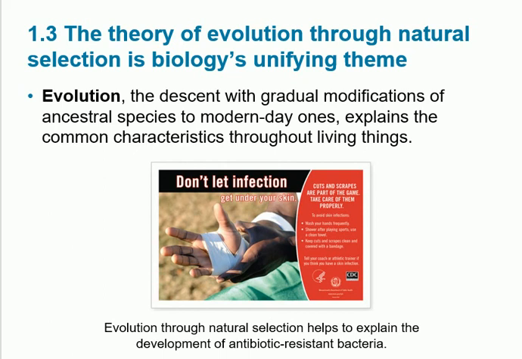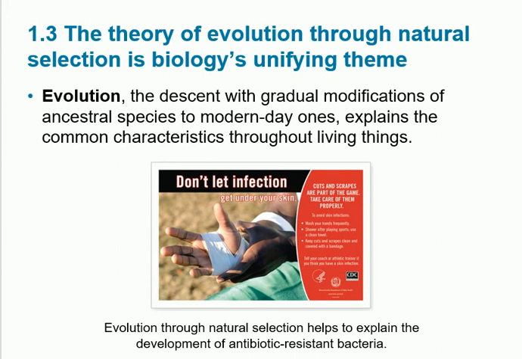I will give you just an example, like bacteria. There are different types of bacteria that evolved to be antibiotic resistant. For example, when they discovered penicillin, it could kill certain types of bacteria, completely wiping them off in the beginning.